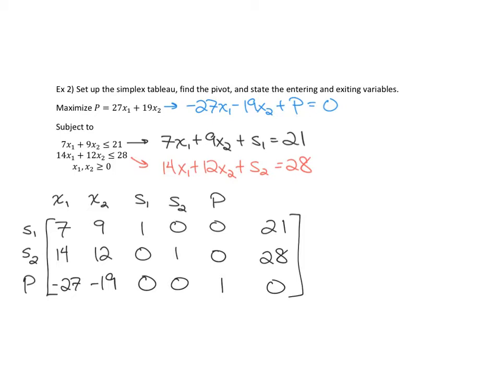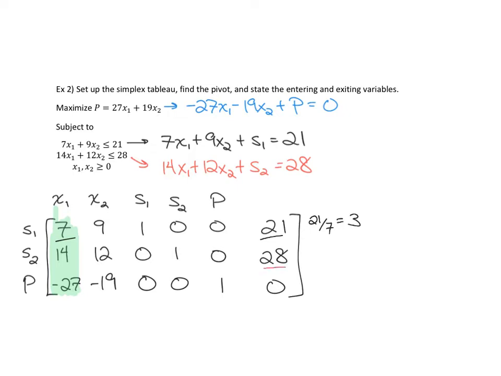All right, so the simplex tableau is done very similarly to the above example. The pivot column will be here this time. So again, to find the actual pivot here, you need to divide the last element by the element in the pivot column. So this would be 21 over 7, which is 3.